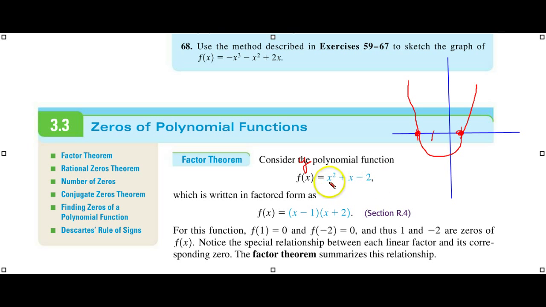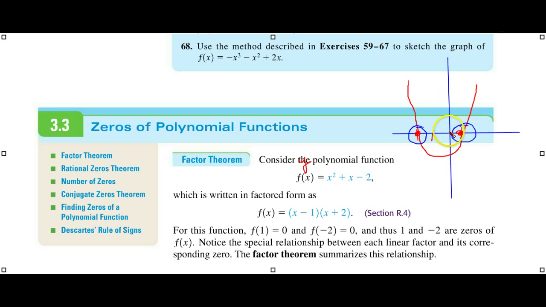And this is a quadratic equation that if we put this into our graphing calculator, it would look like this. It's a parabola that opens upward, and it's going to cross the x-axis at this point and at this point. Now, once again, at this point, what is your value of y?